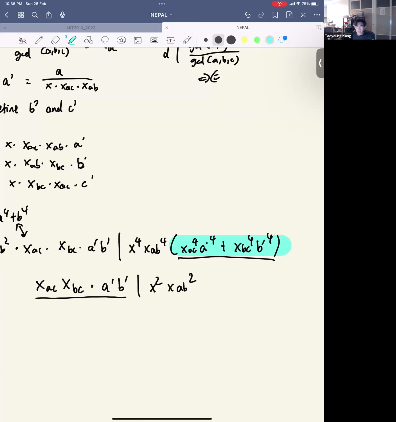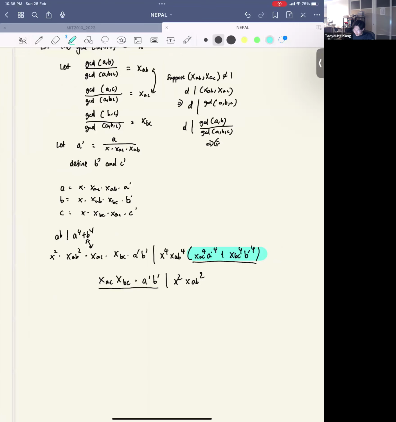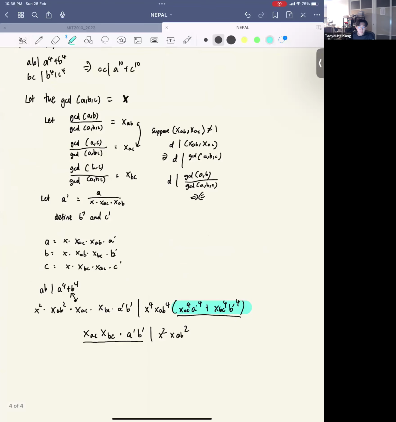And can you guys see why? You can refer to the XAC, XAB on top. Do you guys know why this cannot divide this? It's because XAC, XBC are pairwise coprime, which implies XAC does not divide XBC to the power of 4, B prime to the power of 4.